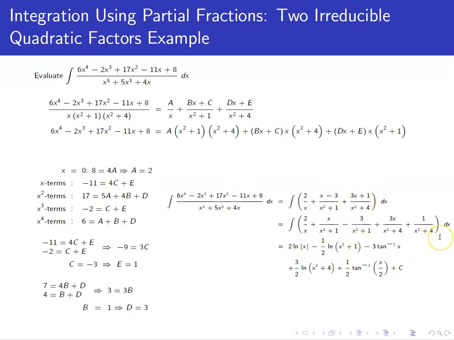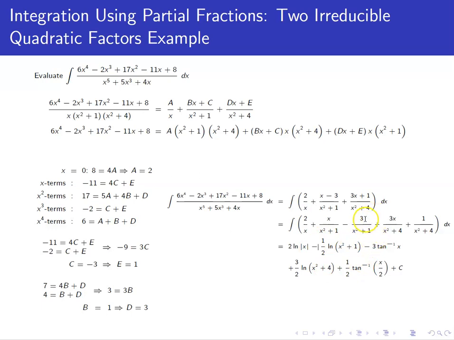So we've got 5 terms to antidifferentiate here. The first antiderivative will be 2 natural log of absolute value of x. The second will be, this should be a plus here, not a minus. My apologies, that's a typo. That should be a plus sign. It will be 1/2 natural log of x squared plus 1. Again, the 1/2 comes from the fact that when we do u equals x squared plus 1, du is 2x dx, so we'll need to adjust with that 1/2.